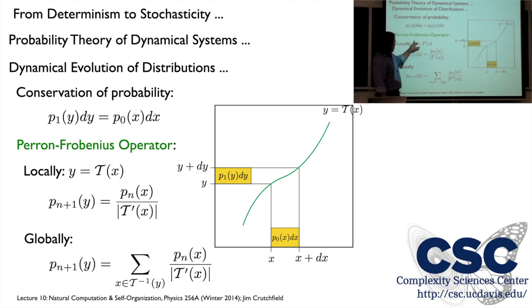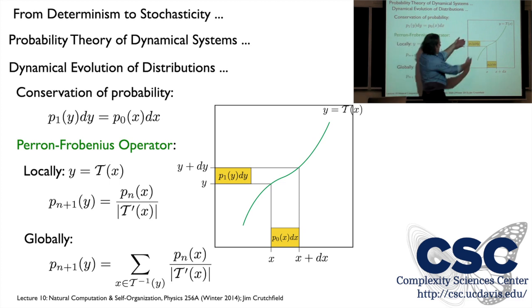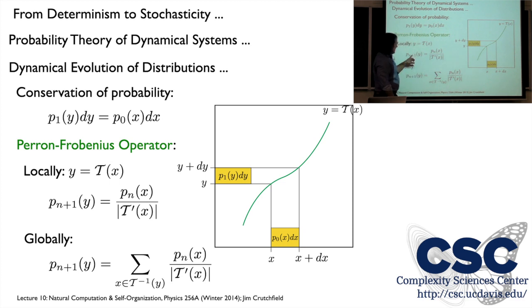And so now locally, we have our function T of x. And what we want is the distribution in the range of T of x, mapping from its domain. So what we're going to do here is basically just formalize what I said in terms of the slope. So the probability amplitude, I'm calculating this height here at the next time step.